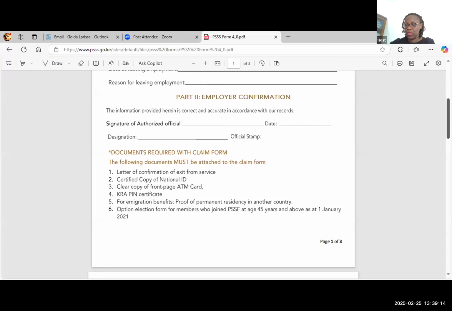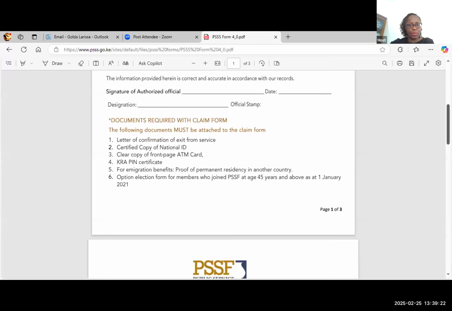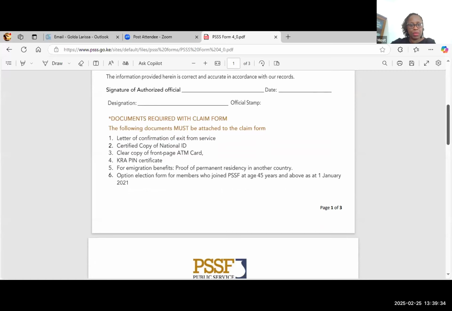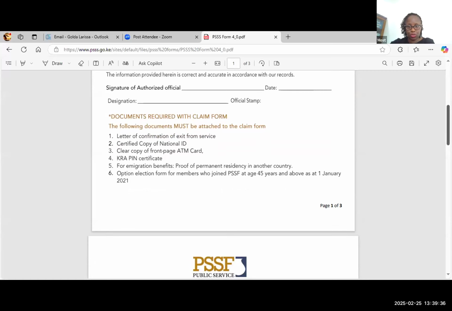The letter of confirmation that you're leaving service, a copy of your ID, a clear copy of the front page of your ATM card so that we can confirm your bank details, your KRA PIN certificate, and for any other reasons, we would like, for immigration, we would like to know that you have left the country permanently. And in case you opted in as a member, we would like to see your option election form.